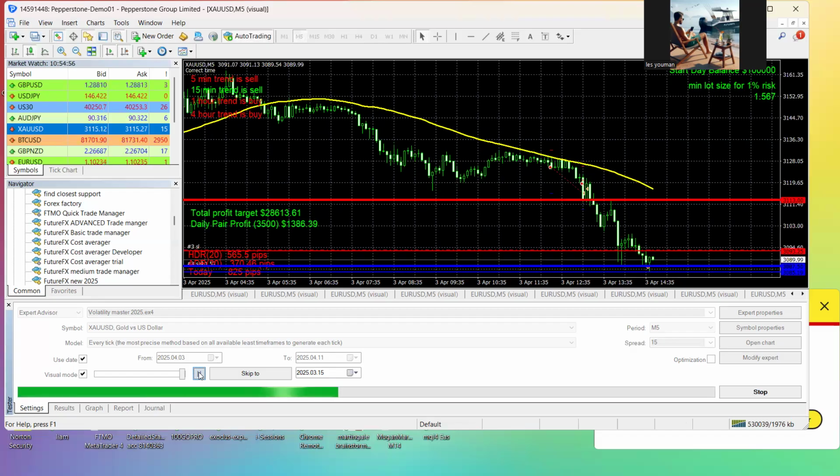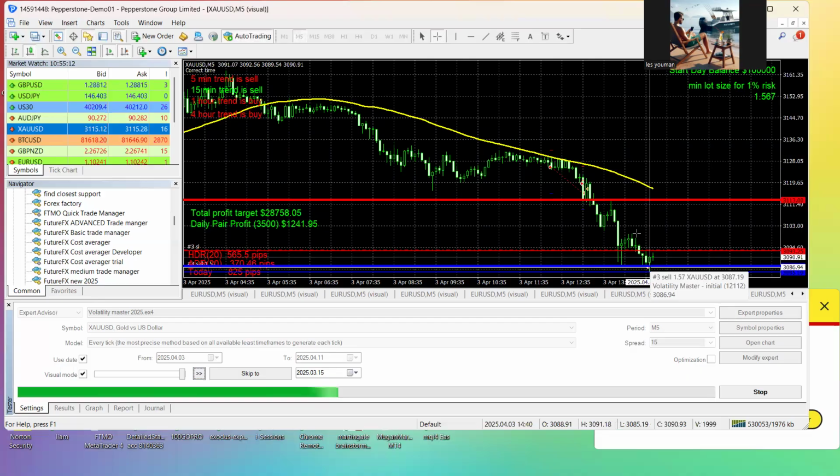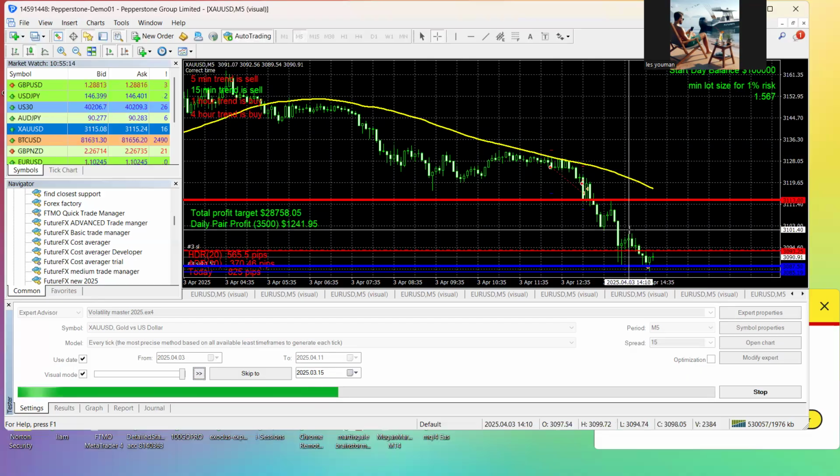All right, this is what I want to show as well. It's opened up another trade here. And that trade's in a bit of drawdown. But if we measure it from where that trade opened, you would think the software should have put the stop loss right up here because that's the top of that little peak.